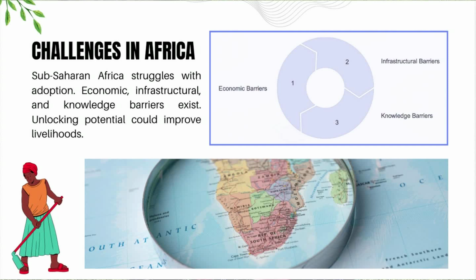At the same time, if we look at certain regions like sub-Saharan Africa, despite significant potential, they struggle with the adoption of advanced agricultural techniques because of issues like lack of economic and infrastructural support, as well as knowledge barriers. Unlocking this potential could add 100 million tons of annual food production and improve the livelihood of millions of people.